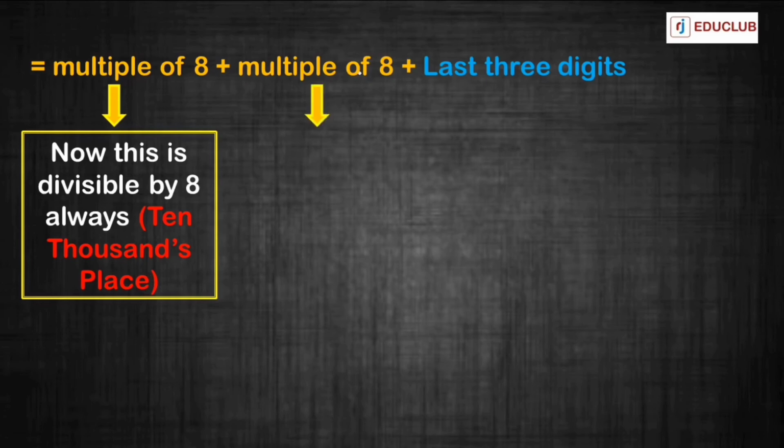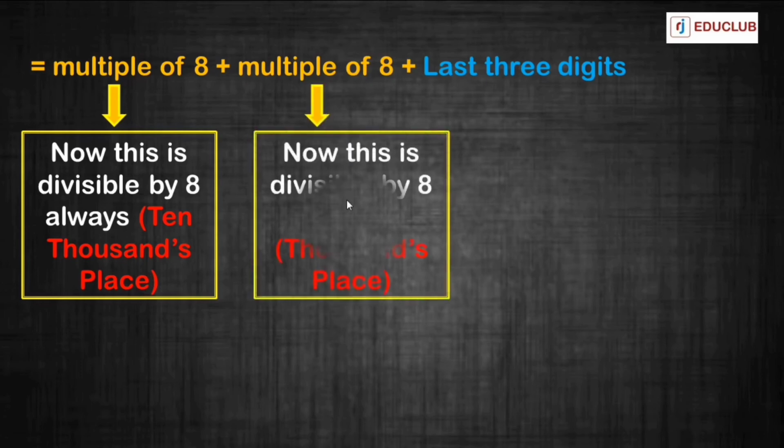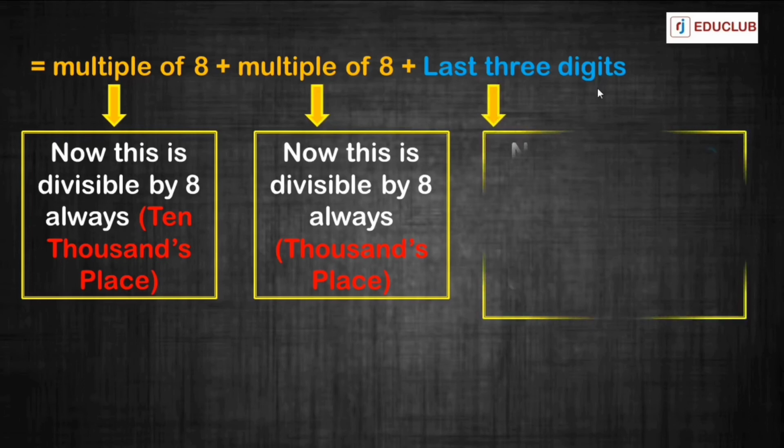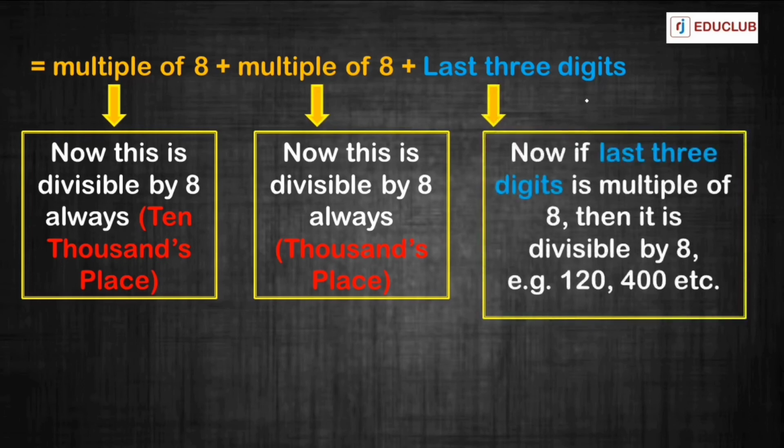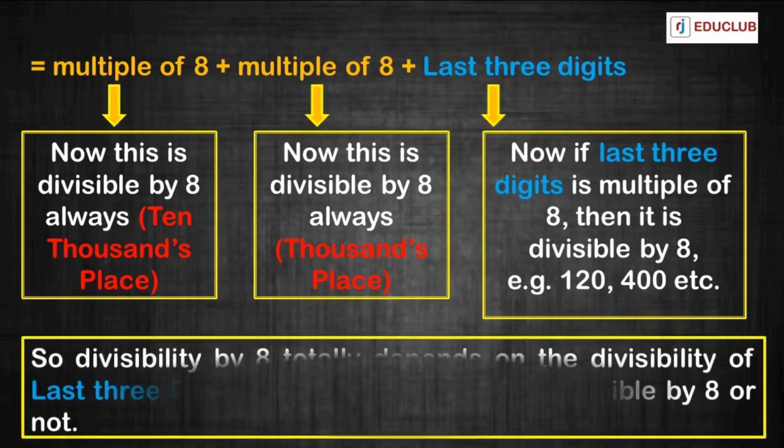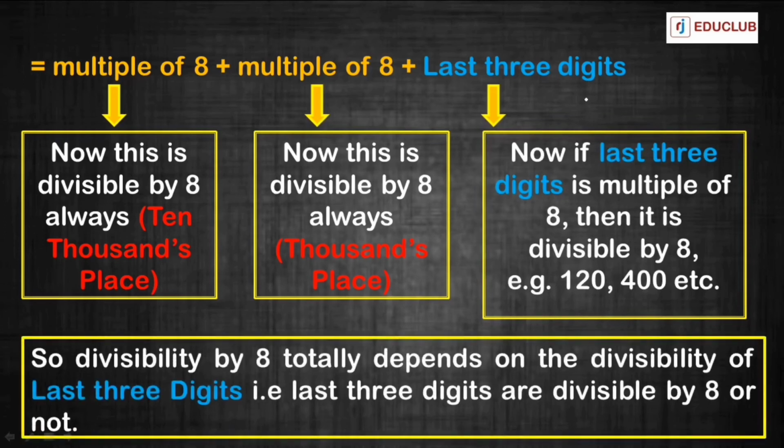Similarly, the next term is also a multiple of 8, the thousands place digit also. So we are dependent on the last 3 digits. If these 3 digits are a multiple of 8, then this number is divisible by 8. So divisibility by 8 totally depends on the divisibility of the last 3 digits only.